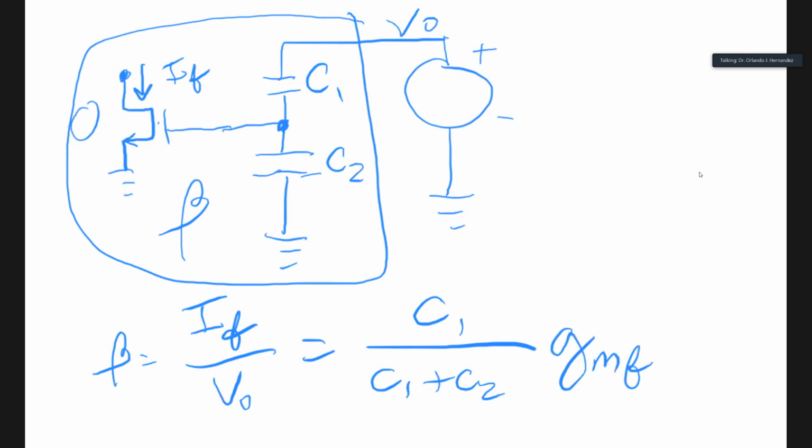So this is QF. And you can go through the arithmetic, and you are going to get that beta is 1.8 milliamps per volt. So this beta network is a transconductance amplifier.